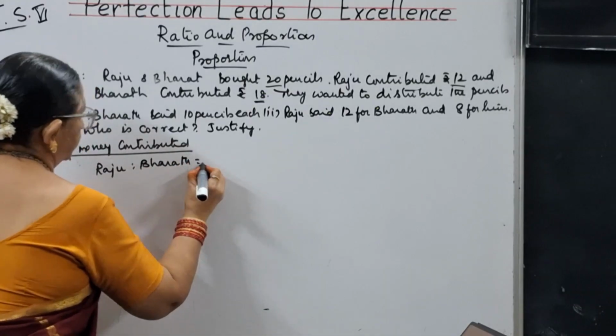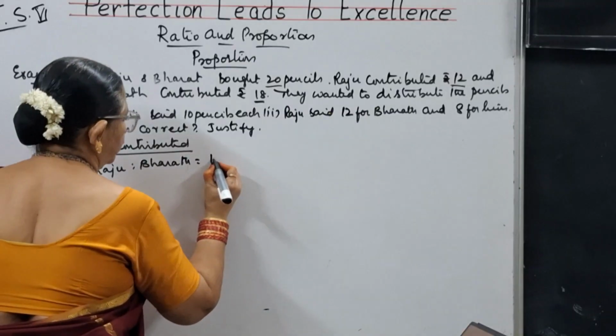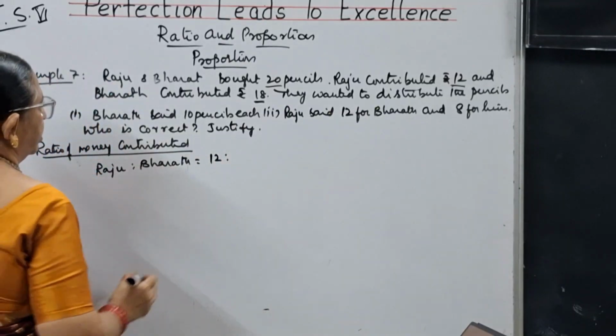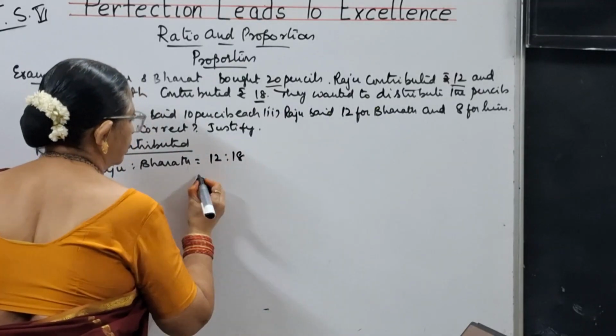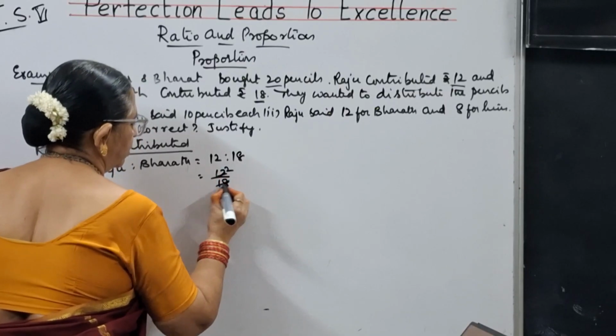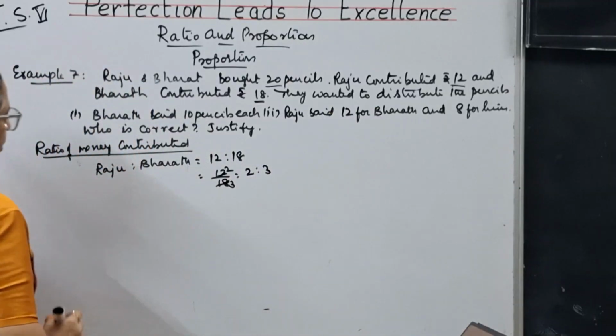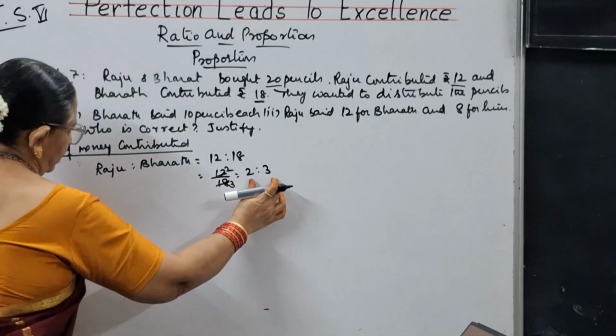How much have they contributed? Raju contributed 12 rupees, is to Bharat contributed 18 rupees. That means 12 by 18. 6 twos are 12, 6 threes are 18. So the ratio is 2 is to 3.